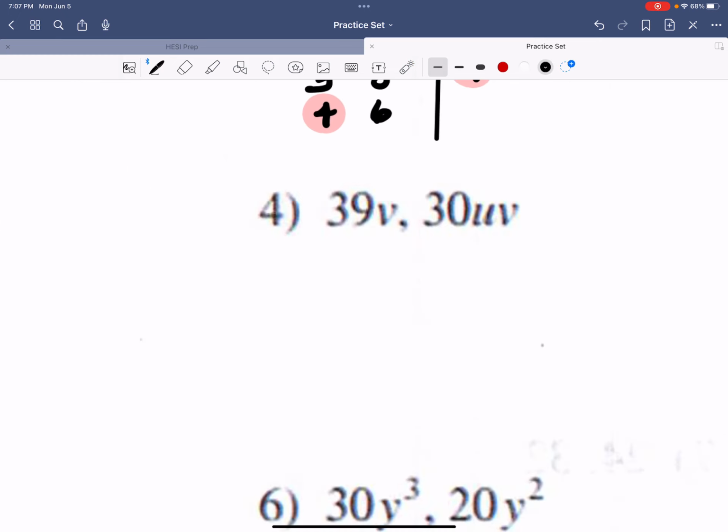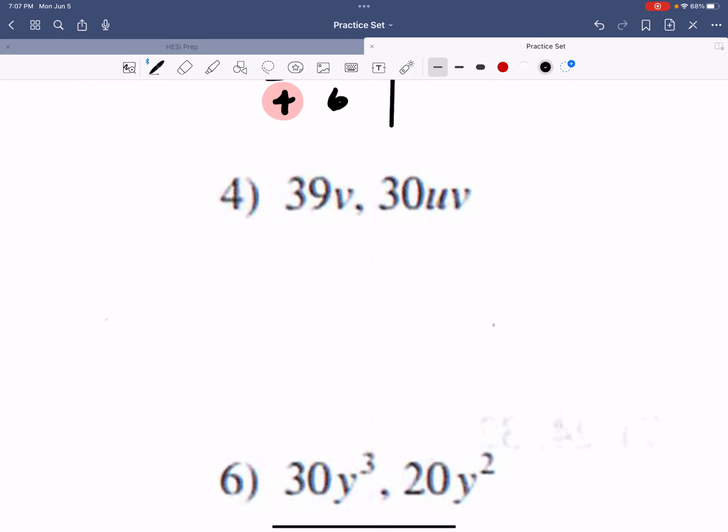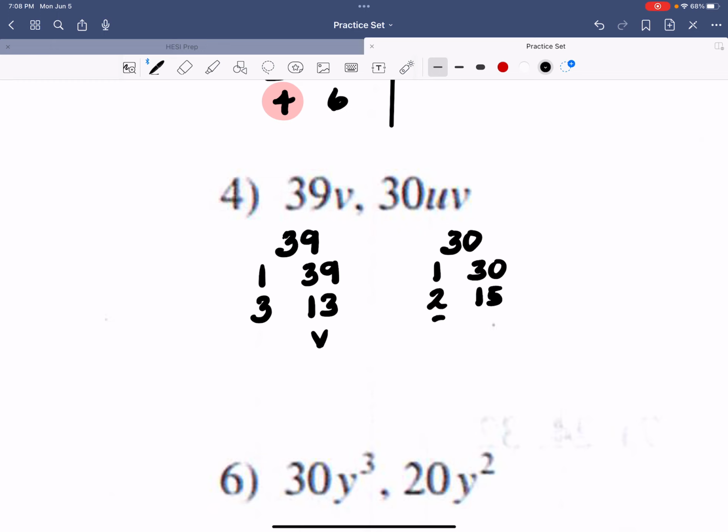Now, please do not panic here. This is not as bad as it looks. 39, we're going to list our factors just like we always have. But this time we have 1V, so we're just going to write it down there. Then 30, we have 1 and 30, 2 and 15, 3 and 10, 5 and 6, and then we have a U and a V. Just write them down there.